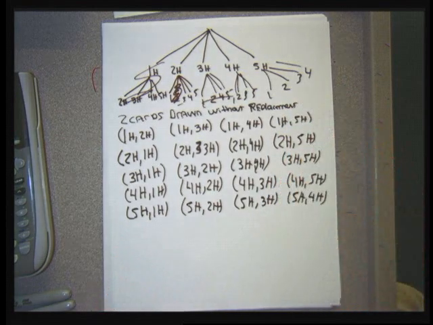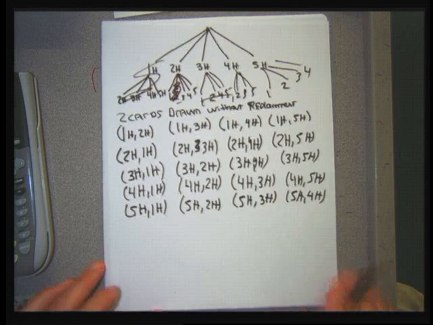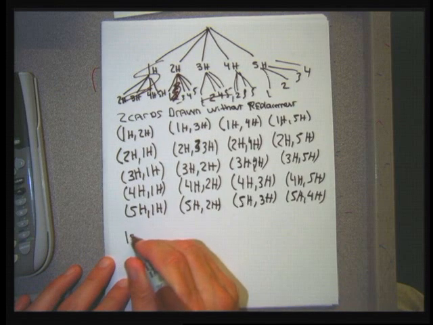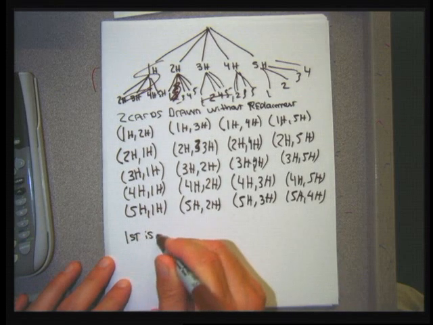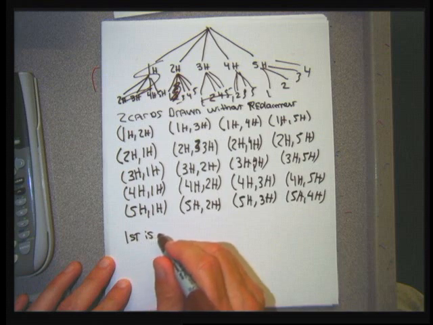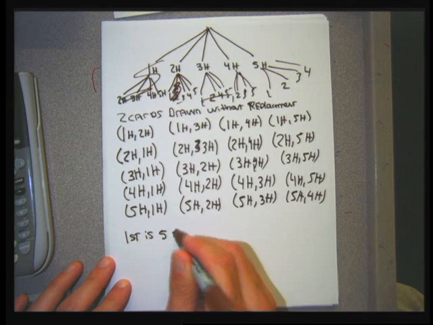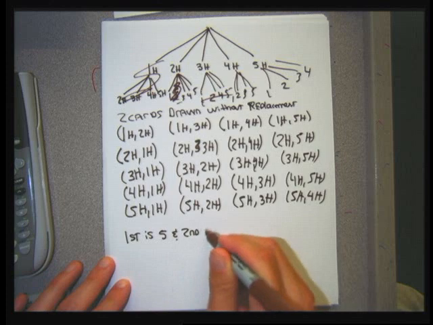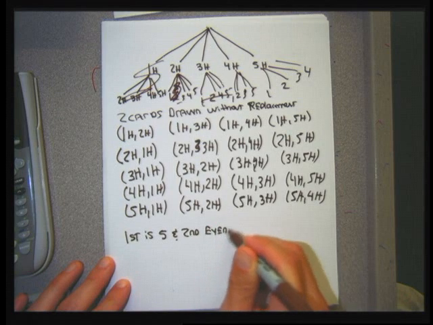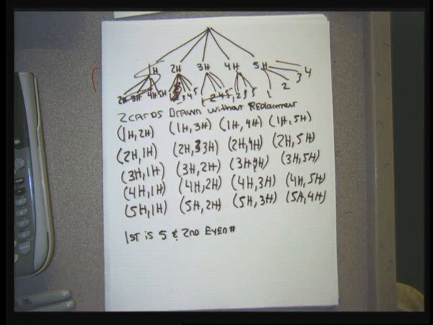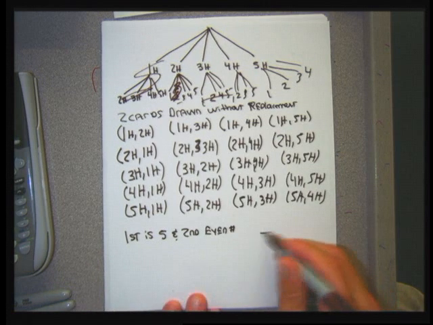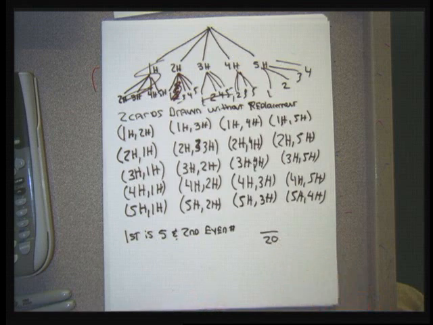And let me try to do some probabilities that the author might want. How about this? What's the probability that the first is a 5 and the second is an even number? Okay, well I know the denominator is going to be 20 because there's 20 elements in my sample space.